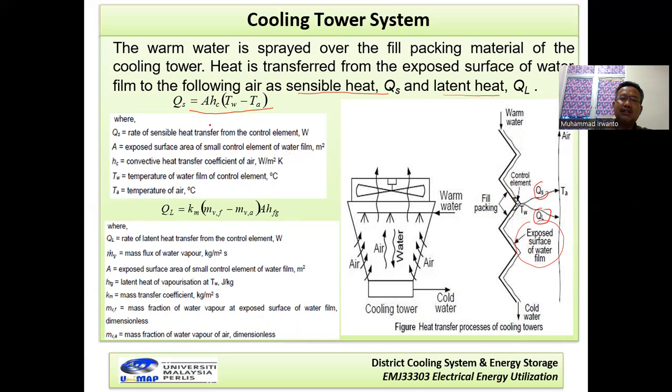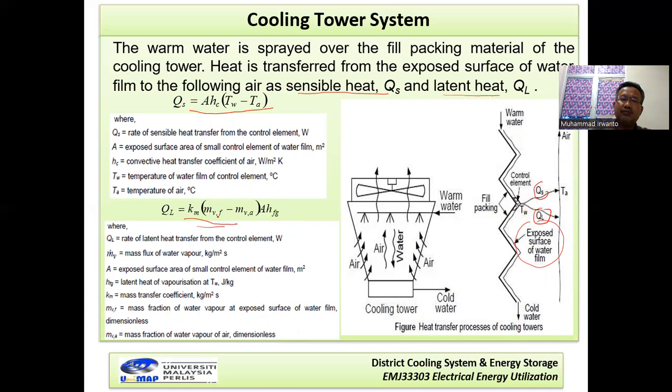HC is the convective heat transfer coefficient of air. TW is the temperature of the water film, and TA is the temperature of the air. And also, when latent heat occurs here, the latent heat formulation is given by this one: QL is equal to QM.